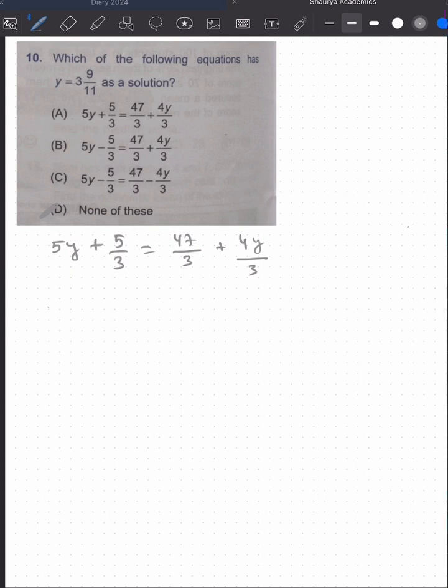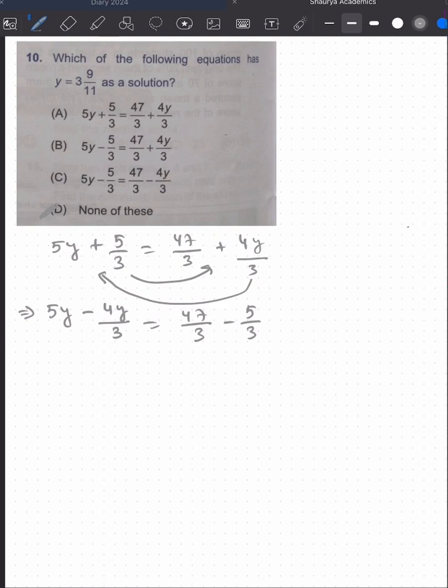Okay, so we will bring the variables on the left hand side and the numbers on the right hand side, changing their polarity. So this will be 5y minus 4y by 3 is equal to 47 by 3 minus 5 by 3.